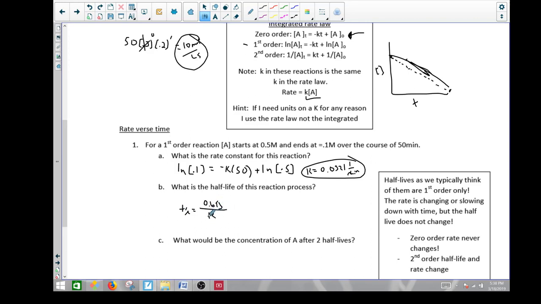This formula is on your laminated sheet, so be aware of that. I'm going to take 0.693 divided by my previous answer, which is the k value, and they're saying it's about 21 minutes, 21 and a half minutes, which seems about right. 21.5 minutes.